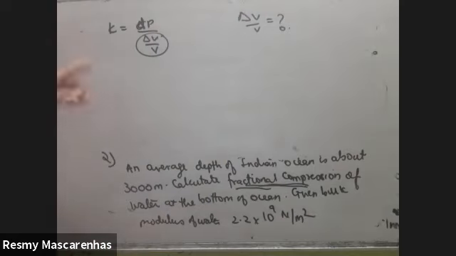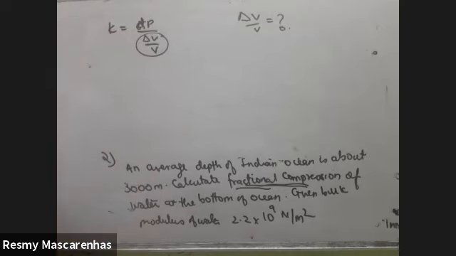Now K has been given, but dP we don't know. The other formula is force upon area, so force also we don't know, area also we don't know. First we have to try to calculate this pressure, and then only we'll be able to get delta V upon V, because only K we know. The only data we know is that the Indian Ocean depth is 3000 meters.